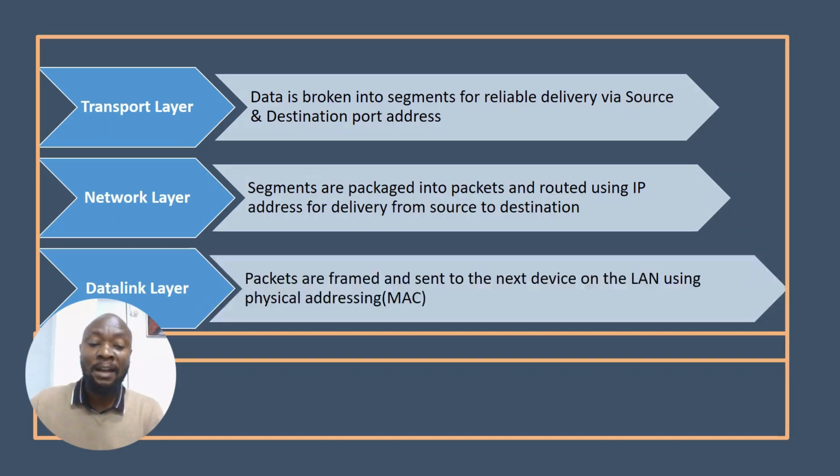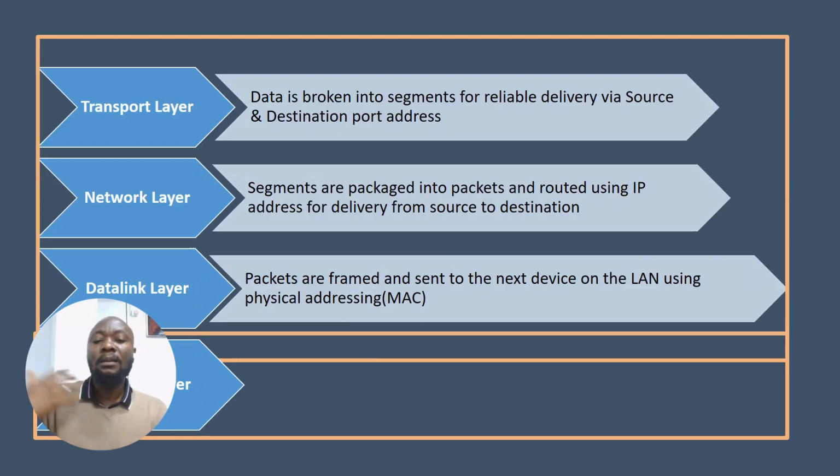So when the data arrives at the right network, the data link layer is where the packets are framed and sent to a local area network using MAC addresses. Devices on the local area network have what we call the MAC address, and these packets from the network layer are broken down into frames and sent to the respective devices on the network.